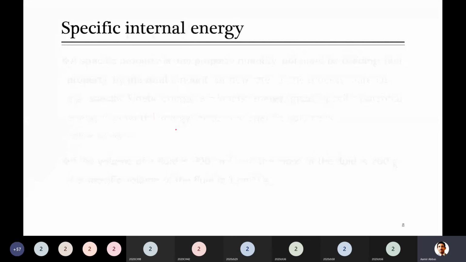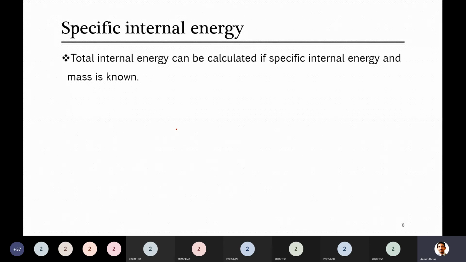So if I want to write specific internal energy, what does that mean? Can anyone tell me the equation for this? Internal energy divided by mass. Simply internal energy divided by mass, or sometimes it is given in terms of moles, so divided by amount.